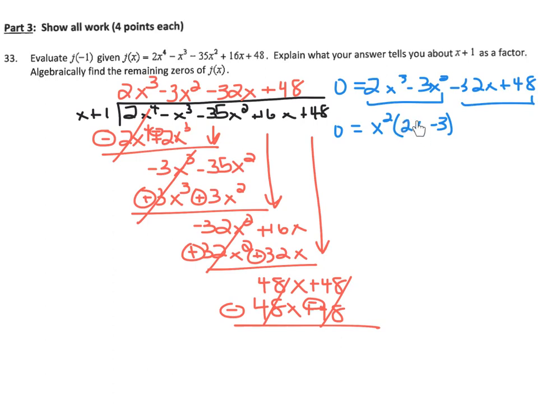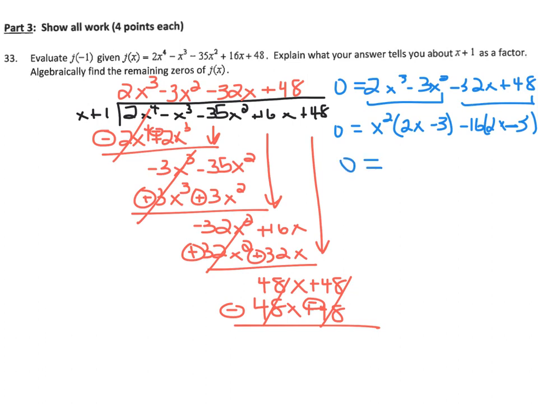Now, if I want to be left with positive 2x and a negative 3, I'm going to pull out a negative 16, because negative 32x divided by negative 16 is positive 2x. And then 48 divided by negative 16 is negative 3. And we wanted these two parentheses to match up, which they do. All right, so that leaves us with 0 equals.